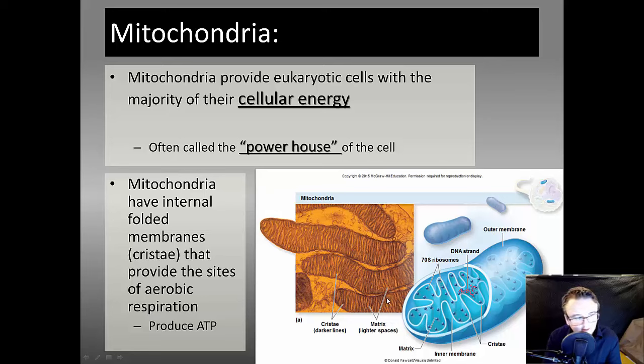Now, on a side note, these are actually thought to be ancient bacteria trapped within eukaryotic cells. If you type in Google endosymbiotic theory, you see there's tons of evidence, and more or less this is accepted scientific consensus that these are recognized as being an ancient bacteria that was symbiotically trapped within eukaryotic cells, and ultimately became kind of a slave to the larger cell in that it functioned to produce energy for that cell.